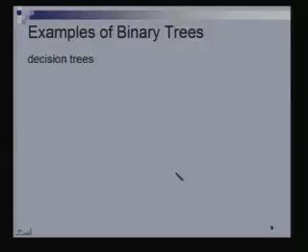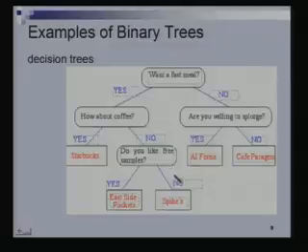Decision trees are another example of binary trees, right? So this is an example that I took from a book. So much of it would not make much sense. Maybe Starbucks and Cafe Paragon, you've not come across them, but nevertheless, what's a decision tree? Each node in the decision tree corresponds to some decision you have to make, right?